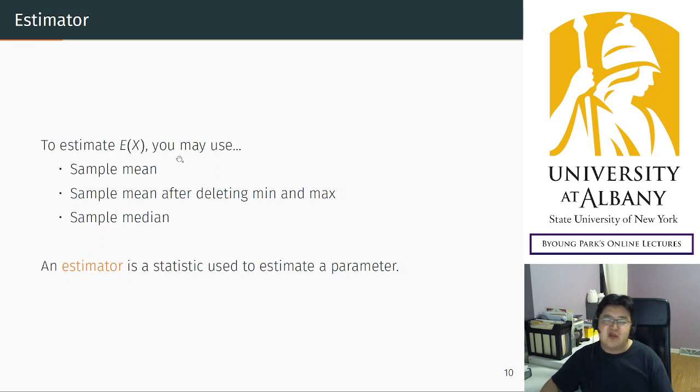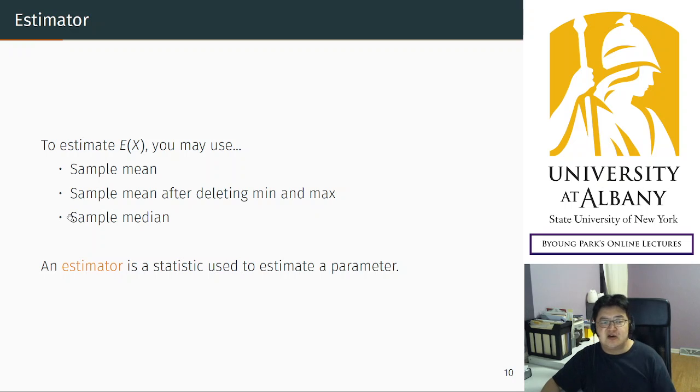and then your answer may be accurate or maybe wrong, but without considering if it's good or bad, there can be a lot of possible answers, right? So for example, you may use the sample mean, or you may use the sample mean after deleting the minimum and the maximum, like in the Olympics, calculating the mean after deleting two extreme values.